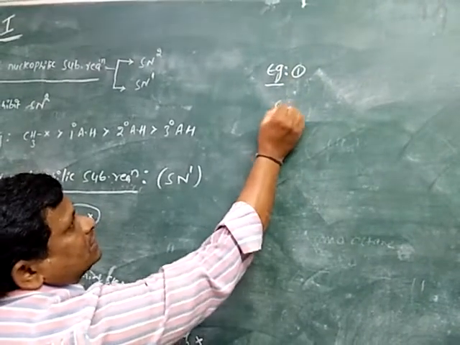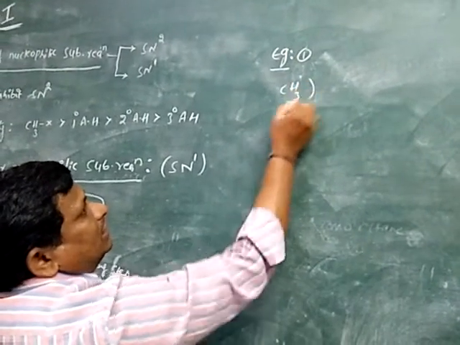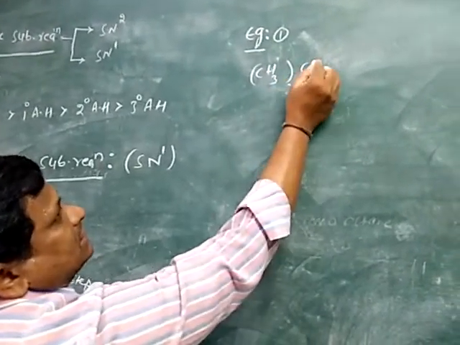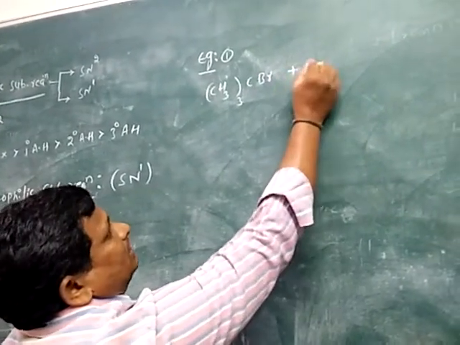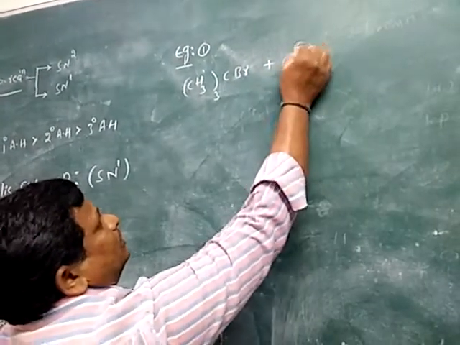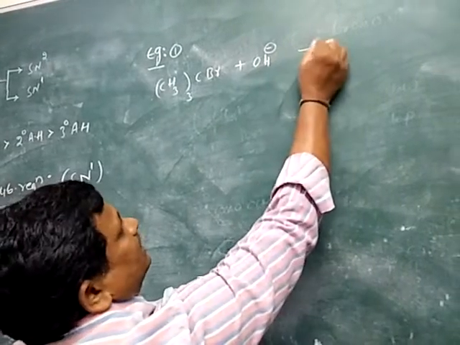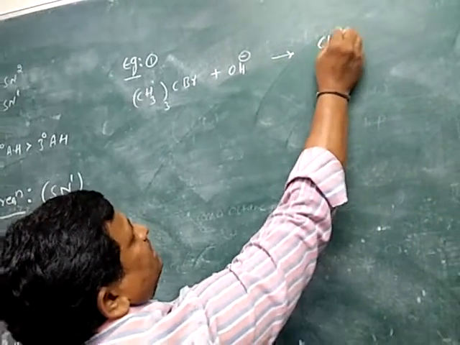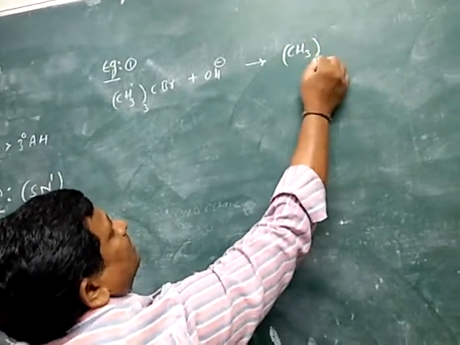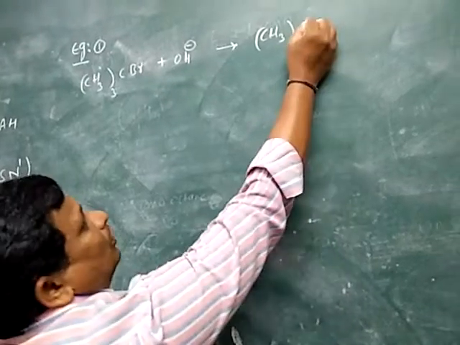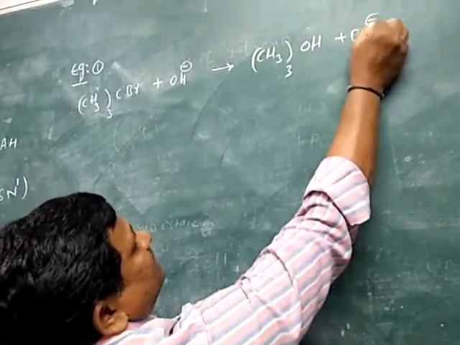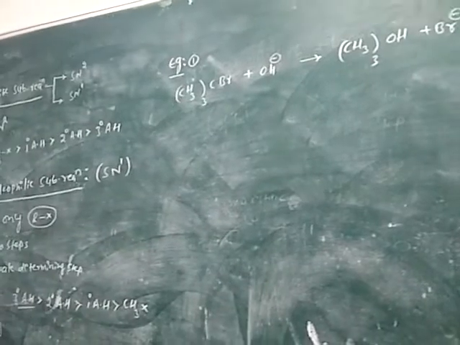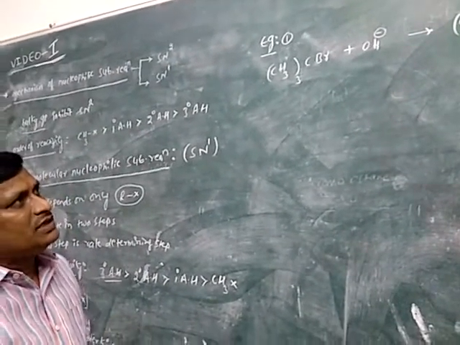Now (CH3)3CBr is treated with a nucleophile. Generally it gives (CH3)3C-OH plus Br minus. It is explained with the mechanism.